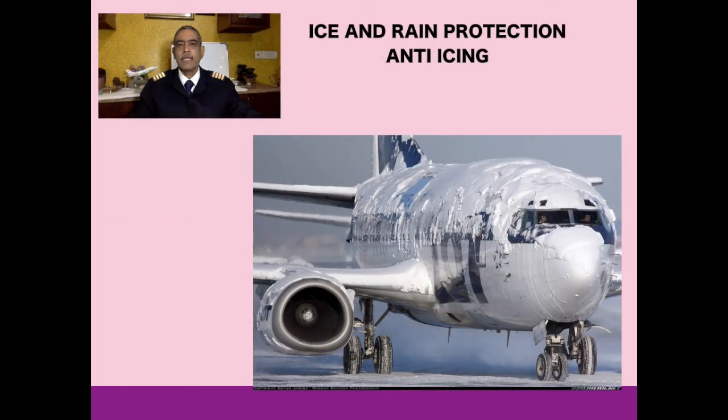The next associated system which I want to cover is the ice and rain protection system. In the past, there have been several accidents which have been caused due to icing of aircraft, and we have become wiser by the day, and now we have sophisticated systems to handle icing, anti-icing and rain requirements.